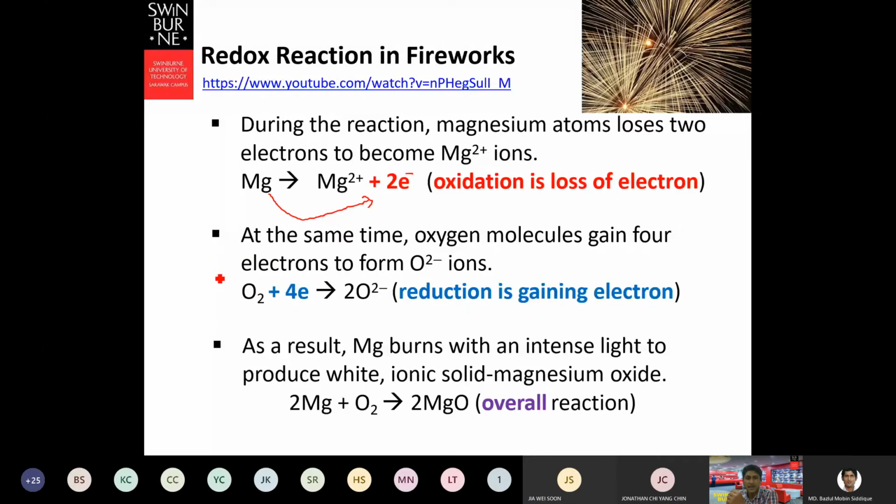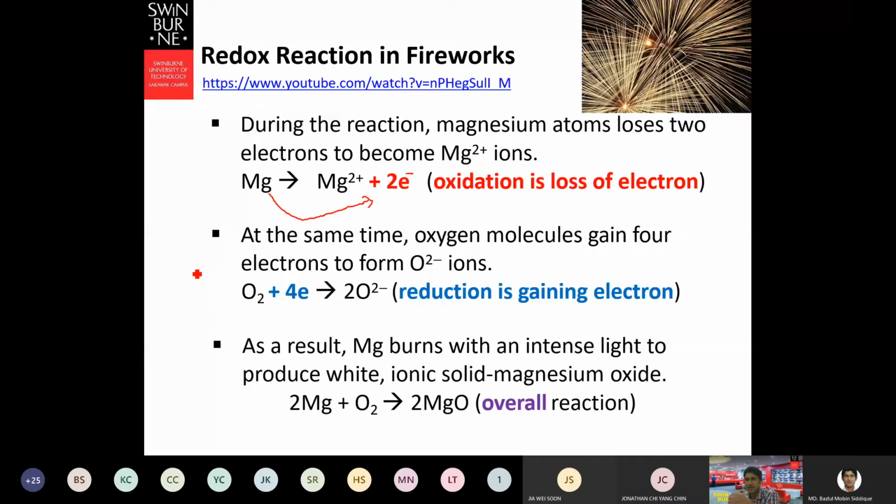It will only lose the electrons when there is someone to accept them. In this case, oxygen is taking the electrons released by this magnesium.